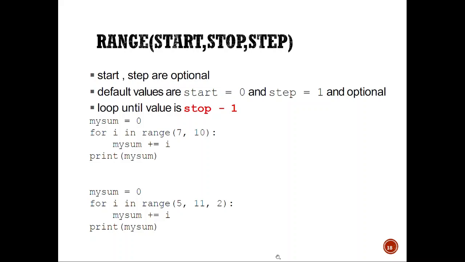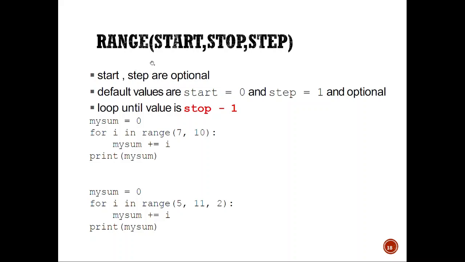The range function used as part of the for loop has a structure of what is the start value, what is the stopping value, and what is the step that we would like. Depending on the number of arguments that we give to the range function, we can specify how the for loop works.